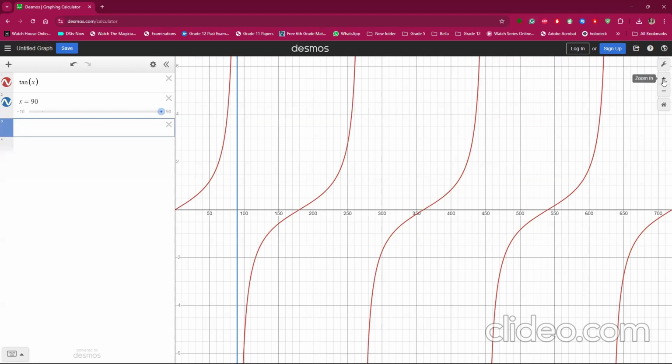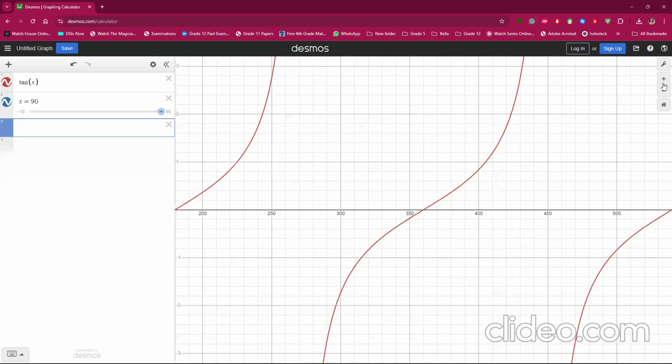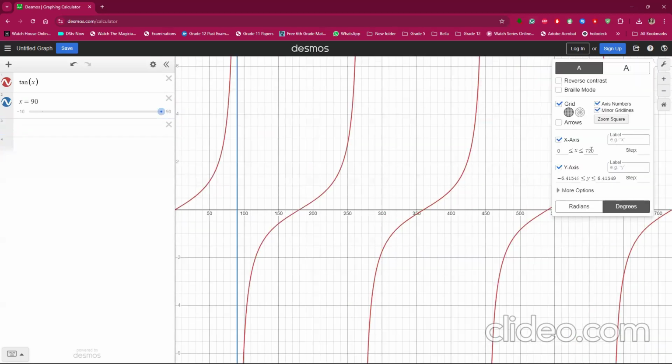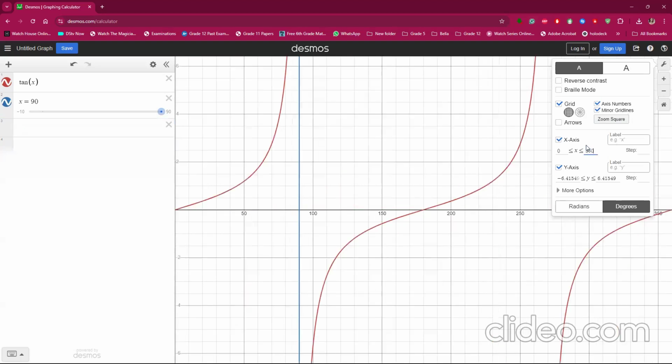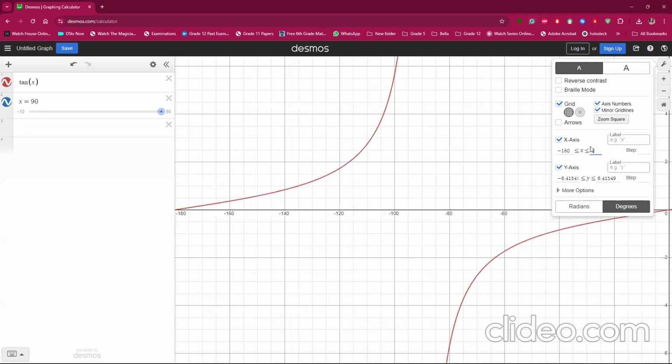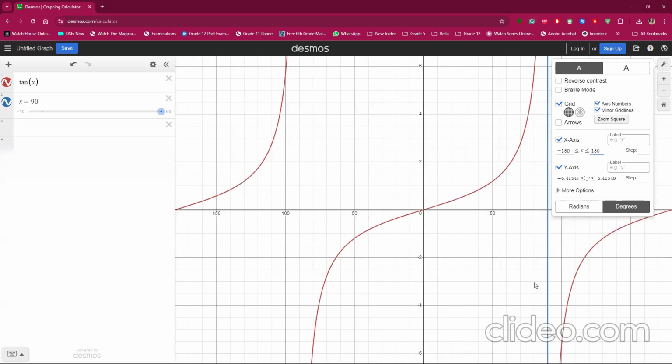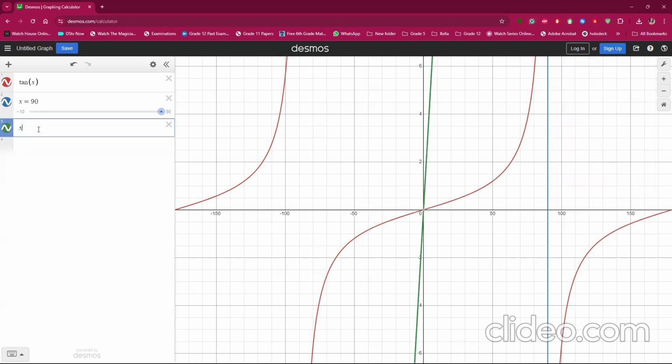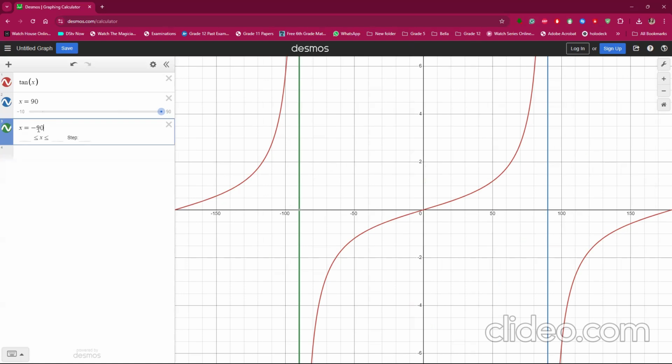Let's go from negative 180 all the way up to positive 180. Okay, here is our graph, and you can see that is one of our asymptotes there.